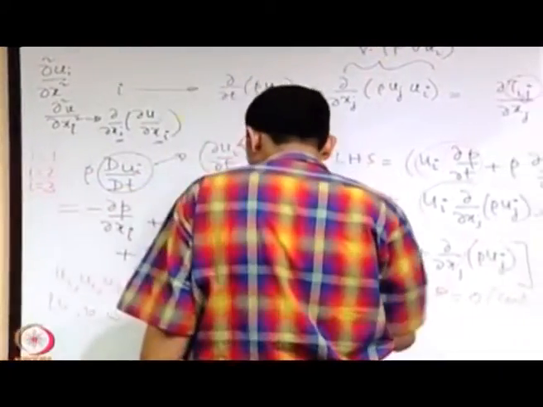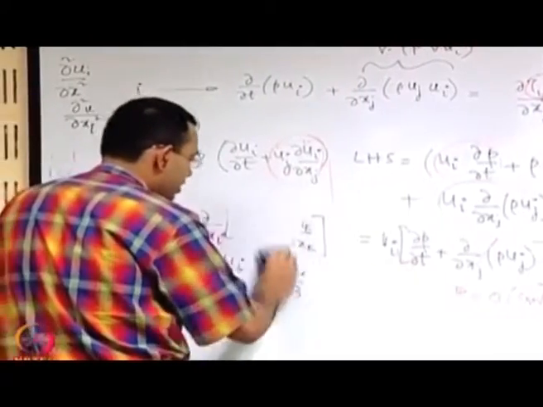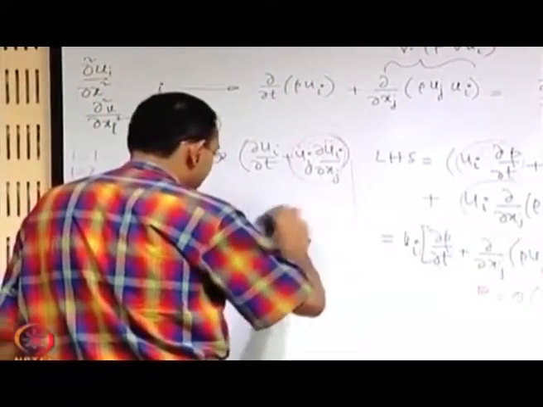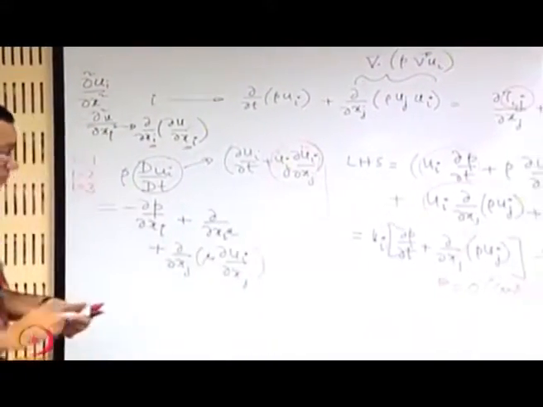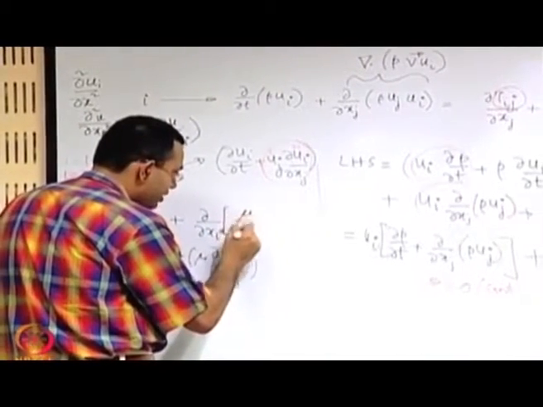So the corresponding equation of motion will now become, in place of this we will substitute the Stokes hypothesis. Let us write it a bit cleanly. So mu by 3.